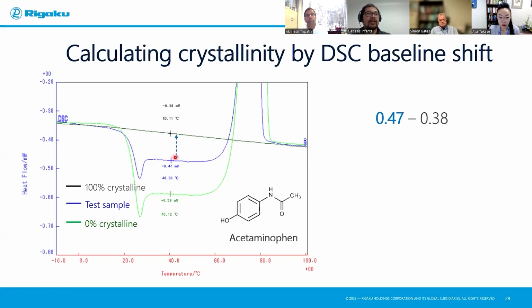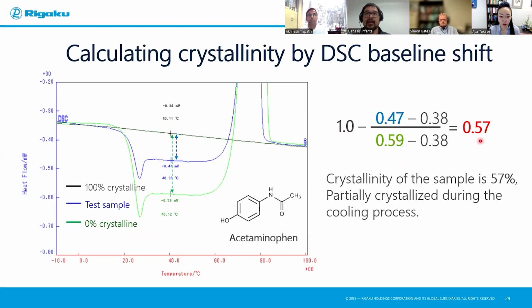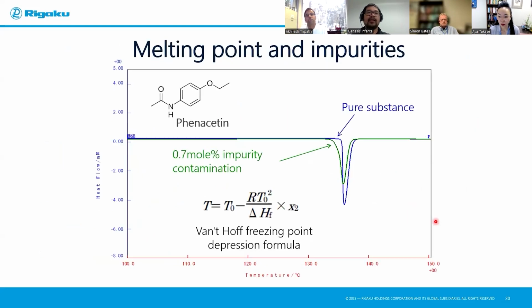You take the difference between the baseline and the test sample, and then the difference between the amorphous and the baseline, and you see the ratio right there. You subtract that from 1 and get a ratio of 0.57. You multiply that by 100% and basically get a calculation of about 57% based on this data. This tells you that it is partially crystallized during whatever process it went through, and you can go on from there.